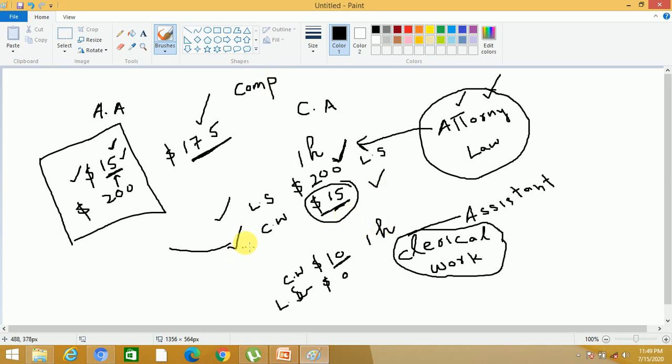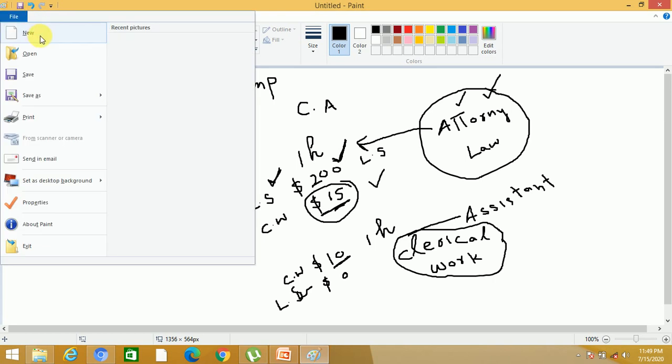As compared to doing clerical work, if he goes for legal services, his opportunity cost is high. And if he does clerical work himself, he is losing $200, so his opportunity cost is high.